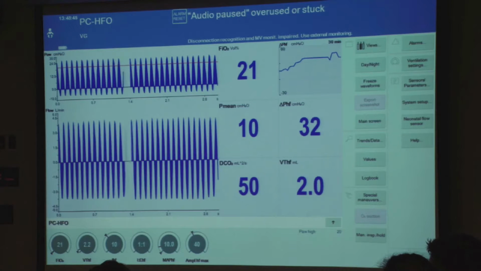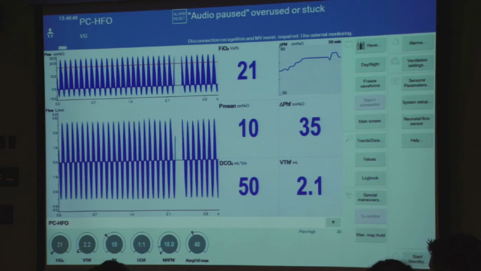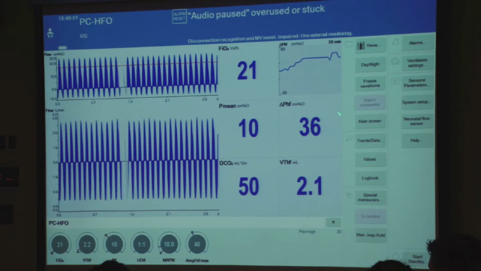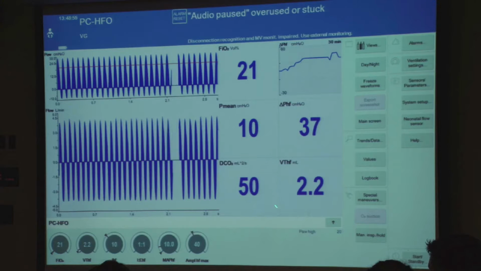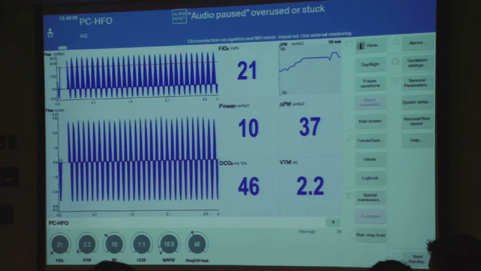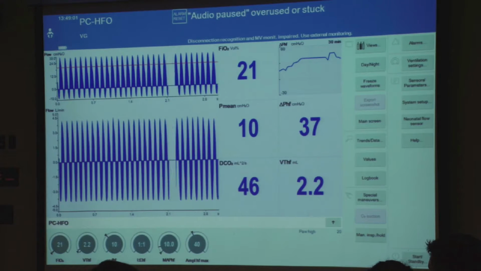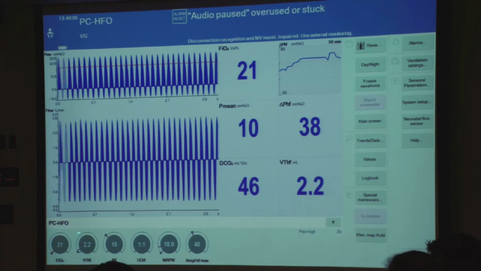What I'm trying to show is how the ventilator responds, increasing the amplitude to arrive at the desired VTHF, because what we dialed in is 2.2.